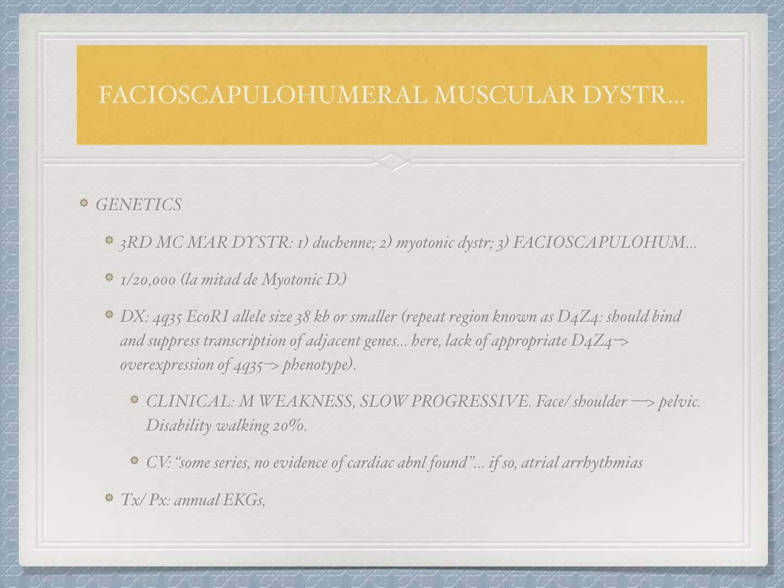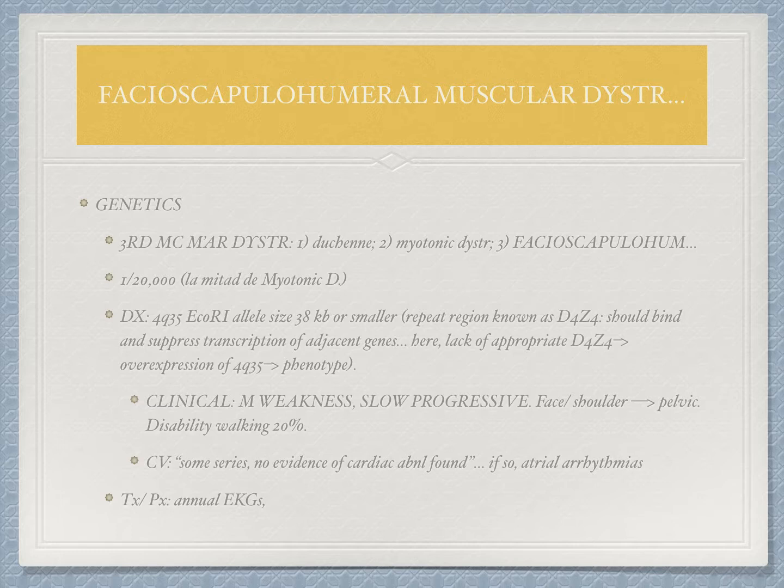Disability for walking is produced in around 20% of patients. Facioscapulohumeral muscular dystrophy does not affect the heart in general, but if it is associated with the heart, think about atrial arrhythmias. You should do annual EKGs in these patients.